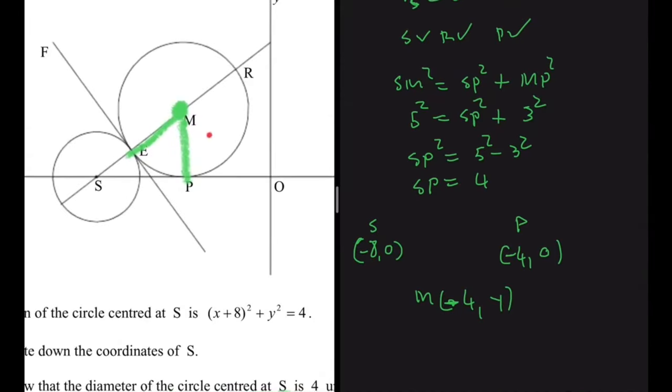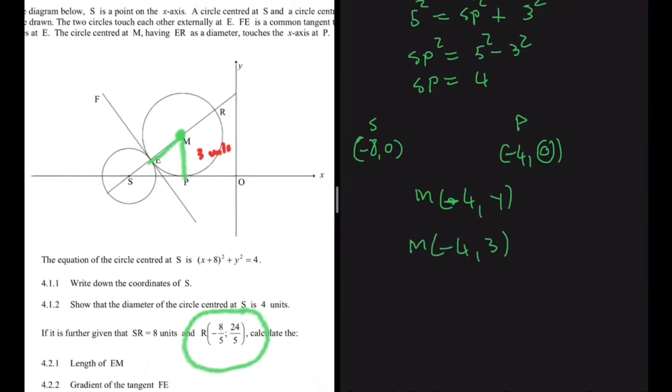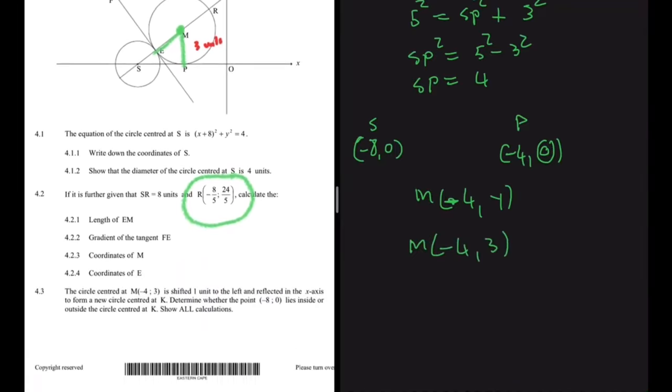Because that is the radius, is 3 units. We already know fully well that the y value of P is 0, right? So if from P to M is 3 units, then the y coordinate of M should be 3. So the coordinates of M will be minus 4 and 3. Right? And now we can move to 4.3.4.